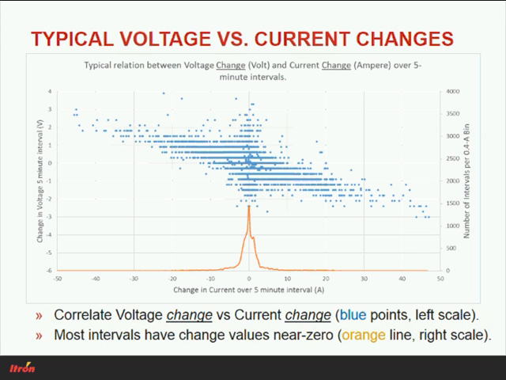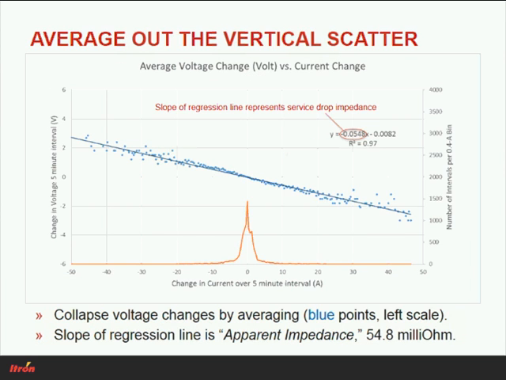But there are some outliers, and those are the ones that give us the idea of what the impedance could actually be. In order to do the regression here, we actually do an extra little trick. We average the voltage change from given current change bins, so we get a nice regression. I'm sure some statisticians on the call will wonder if this was a good thing to do.